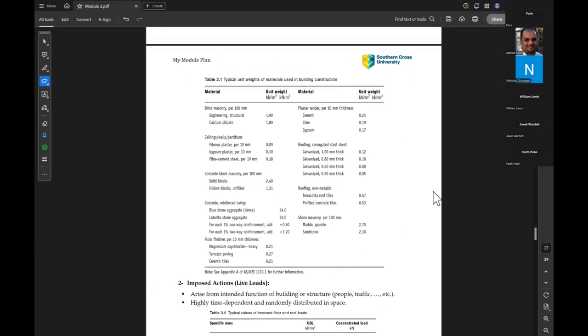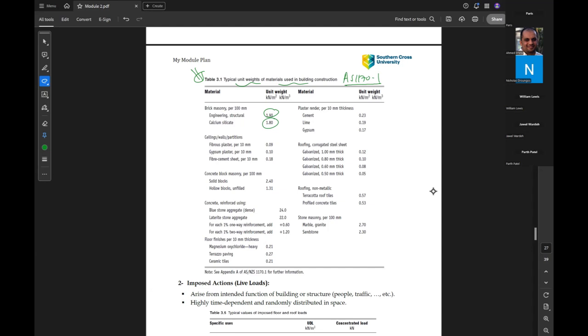These are some typical unit weights of the material given in AS 1170.1. So, for example, for brick masonry, we have the unit weight as 1.9, and for engineering structure type calcium silicate, 1.8.